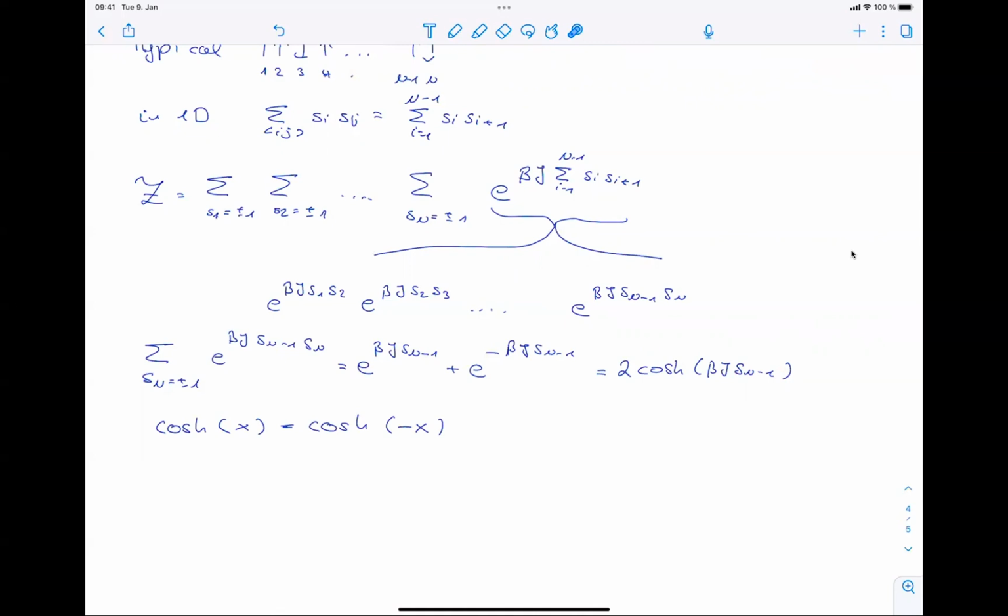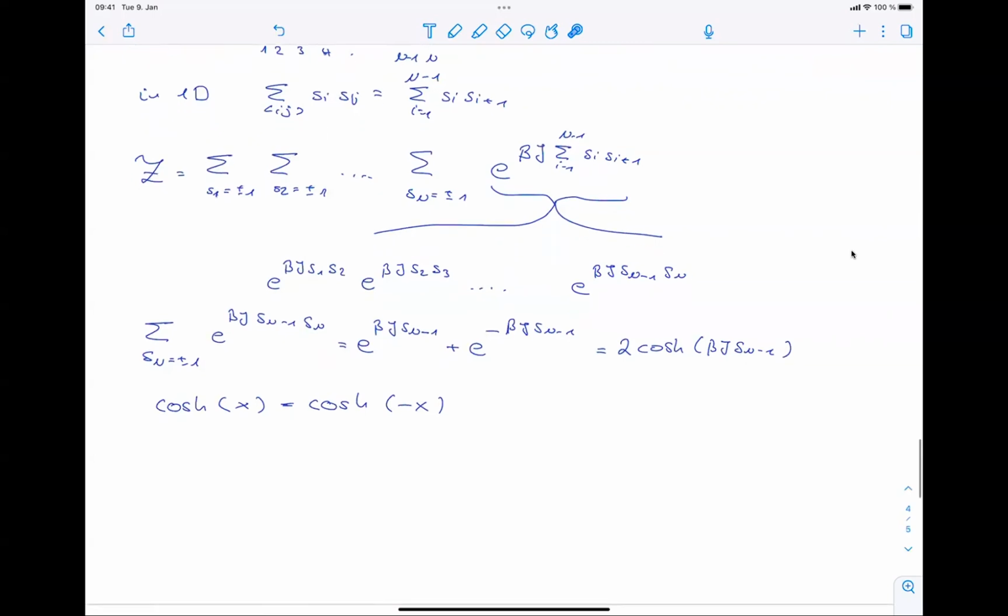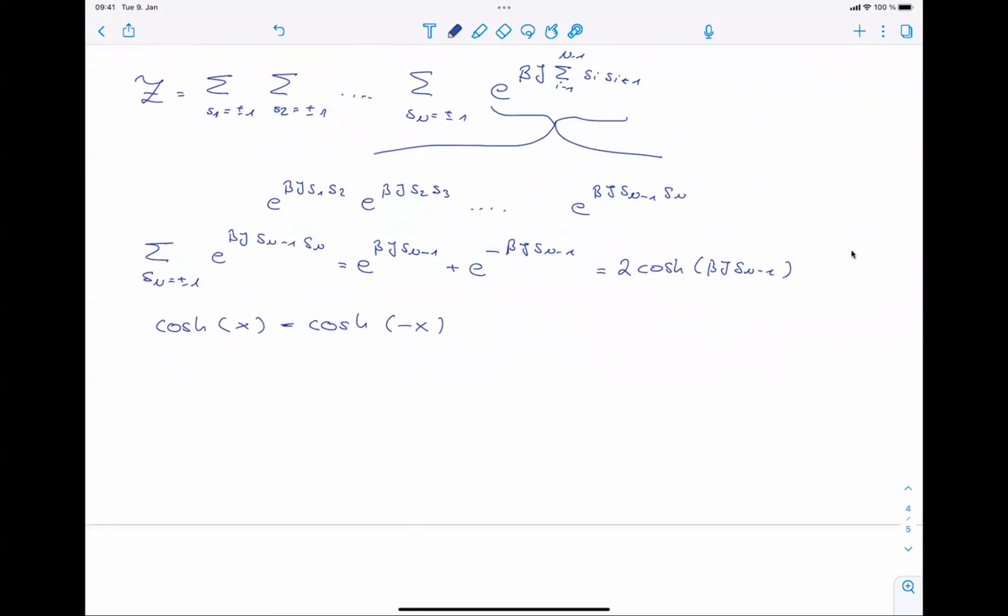I just have to keep in mind that I get a factor of 2 if I now sum over them. And so then I can readily write down that for the first summation over Sn, I get 2 cosh beta J, for S(n minus 1) plus 1 and minus 1.